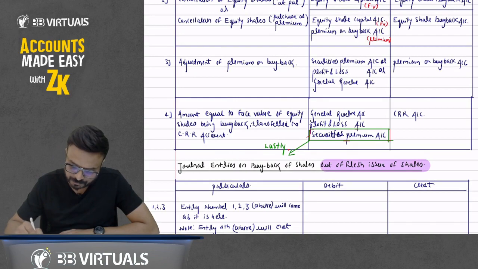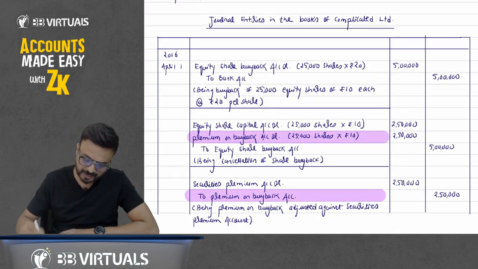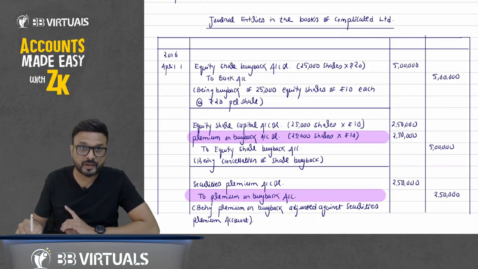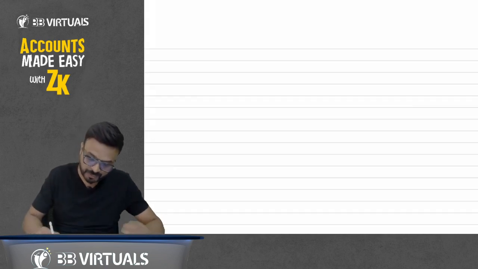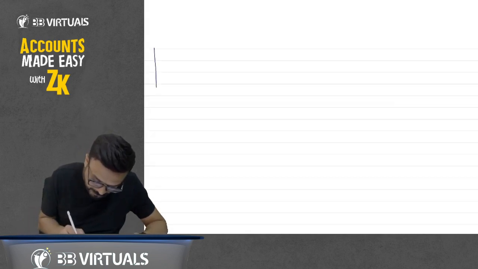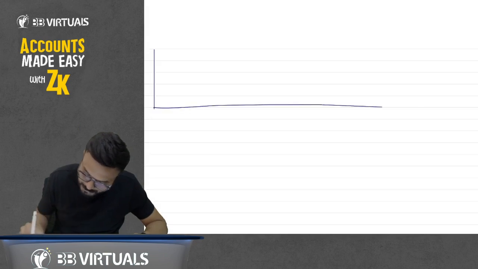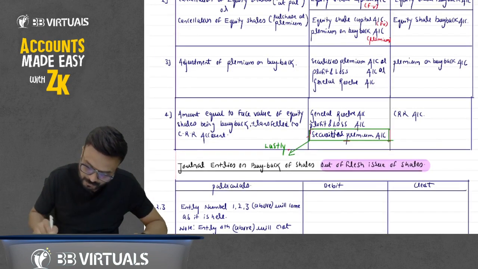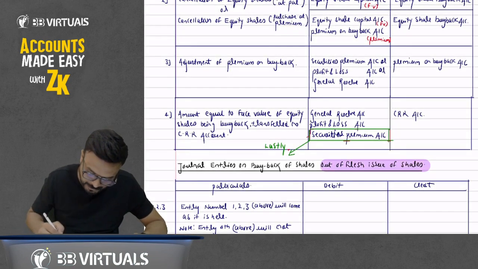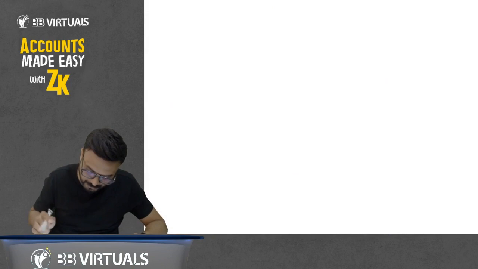So here, how much we have to transfer to CRR account? We have to transfer the face value of buyback. The face value of buyback is 2,50,000. Write on the fourth entry here. Whether we have some balance in revenue reserve or something, just give me a minute.